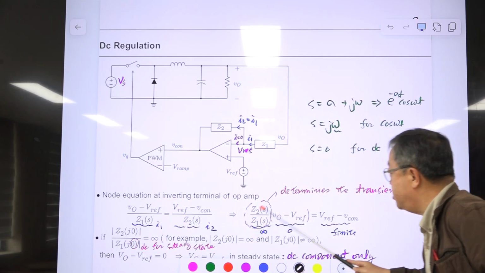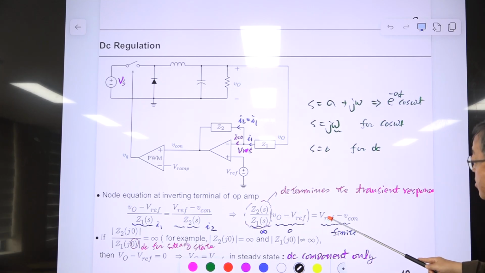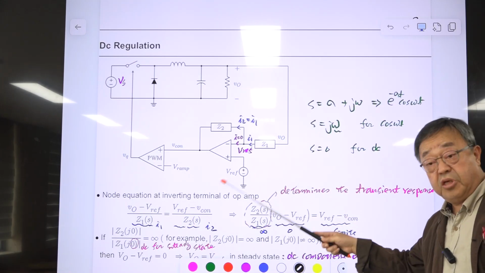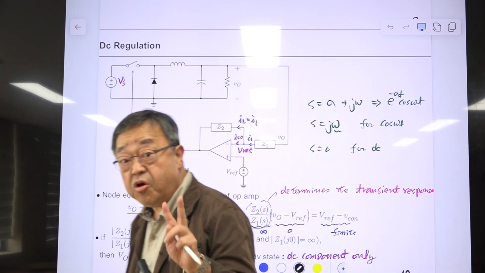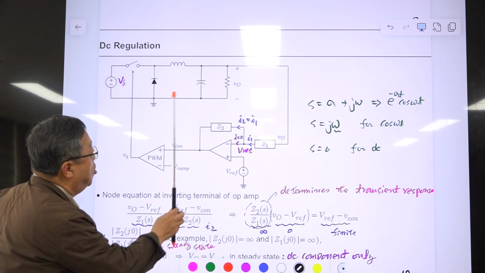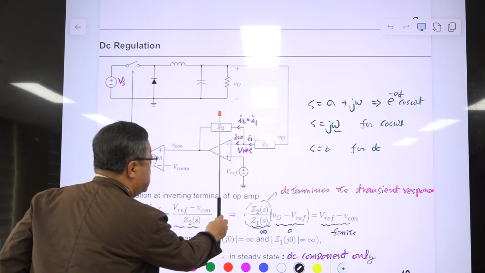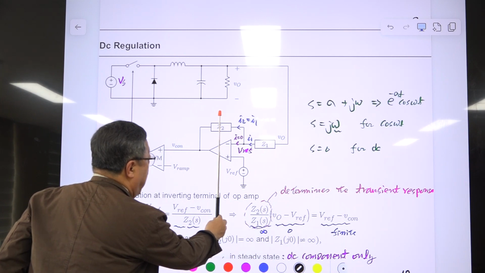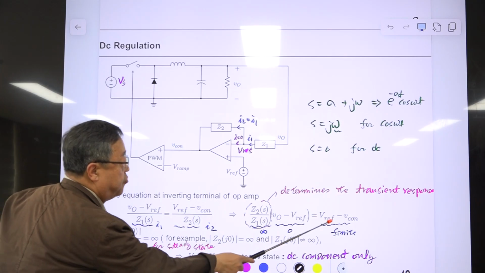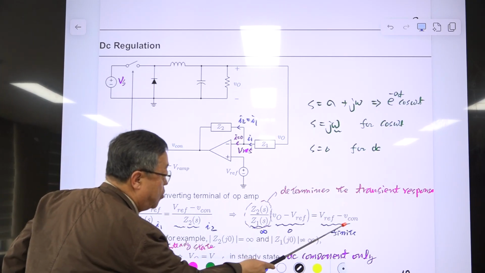This KCL equation is this one, and V reference is finite. Of course this is the desired output voltage, which is finite in value. And the control voltage is some number in between this positive bias voltage and negative voltage. That number should be finite. So this finite minus finite is a finite number.